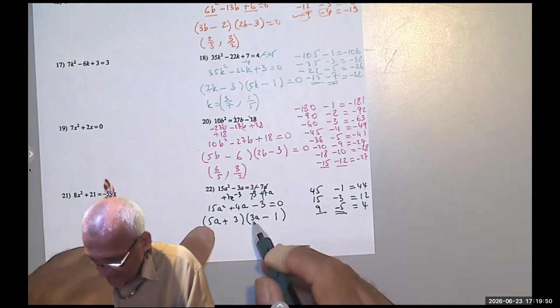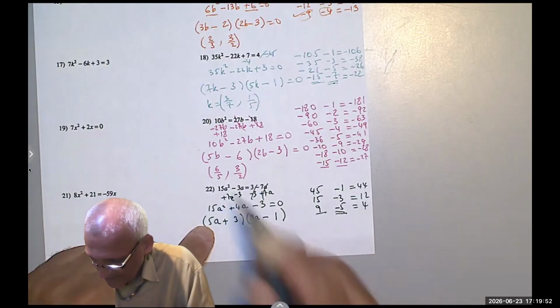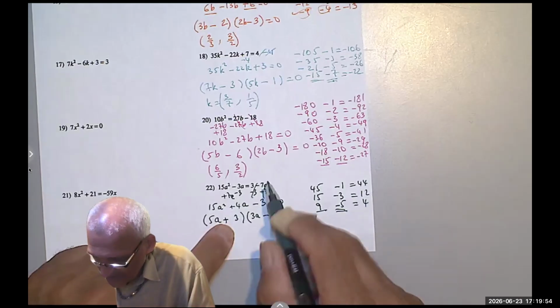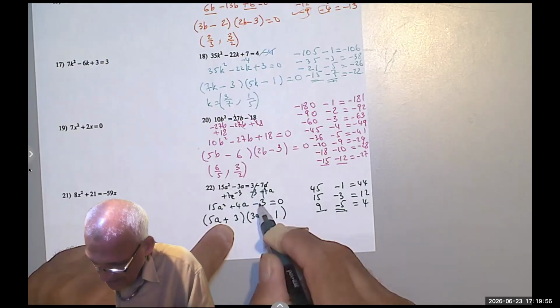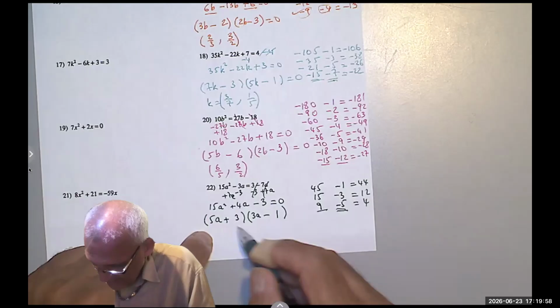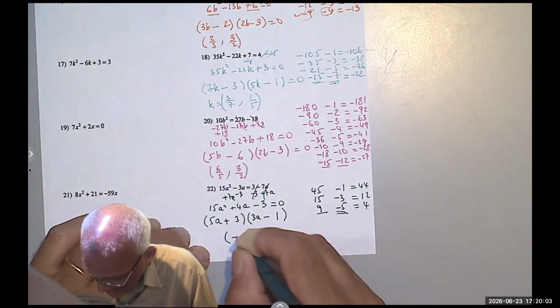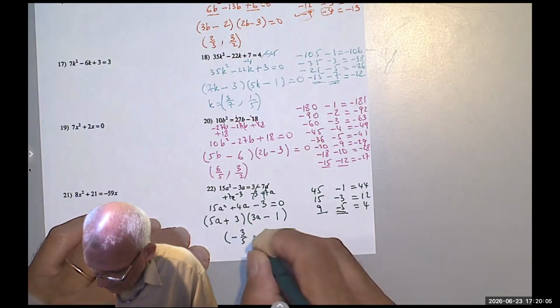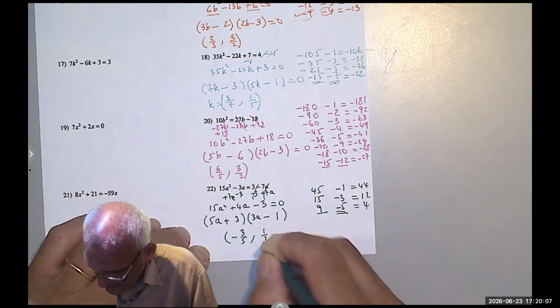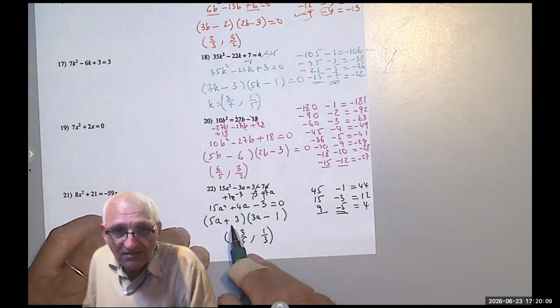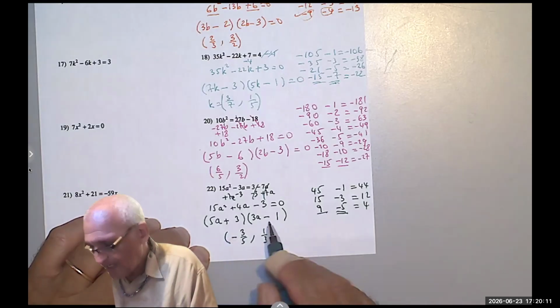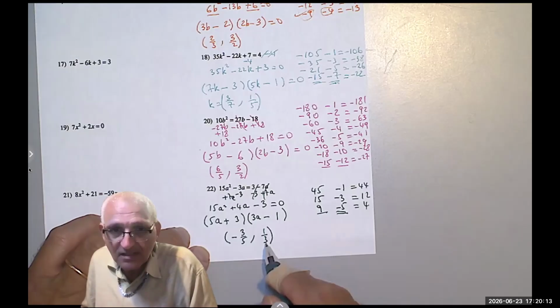Now, 5a times 3a is 15a squared. 3 times negative 1 is negative 3. Negative 5 plus 9 is plus 4. So I get a is negative 3/5 or a is 1/3. Just here you subtract 3 and then you divide by 5. Here you add 1 and you divide by 3.